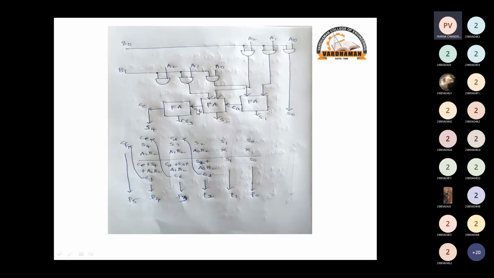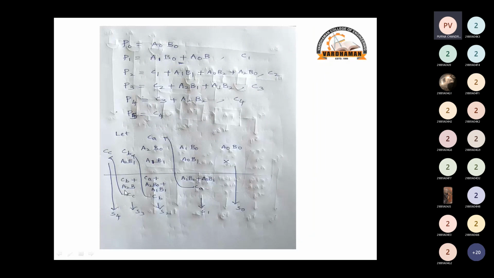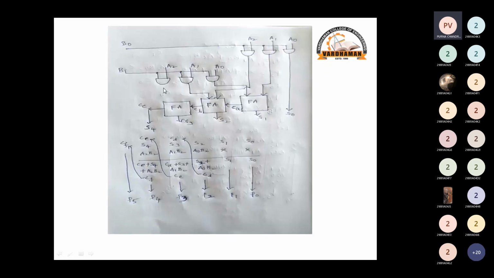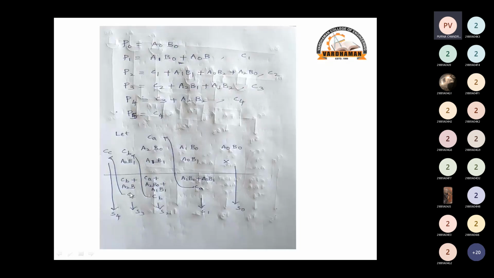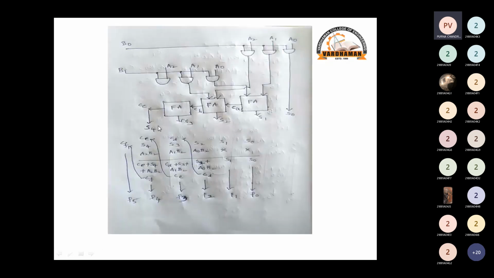For the next one, the inputs are CB and A2 B1, with a line drawn here for A2 B1. The outputs are S3 and CC: sum output is S3, carry output is CC. We don't have any further full adders, so this CC goes to S4. S0 is A0 B0.